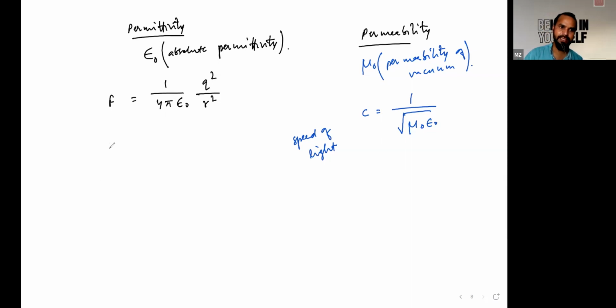Just simplify it as epsilon naught is equal to q squared divided by f times r squared. Find the dimension of each part and try to simplify it.